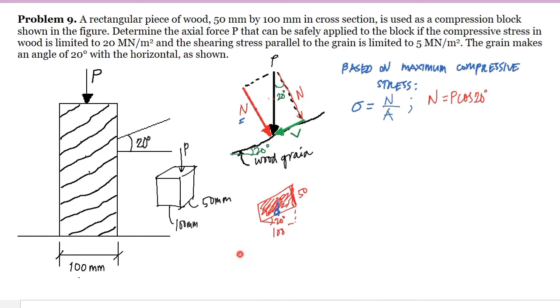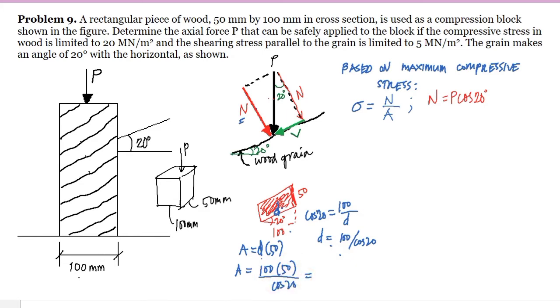Since the area is equal to diagonal multiplied by 50. So kung titingnan natin dito, we have the adjacent and the hypotenuse. So we have cosine of 20 is equal to adjacent side, which is 100 mm, over the hypotenuse D. So D is equal to 100 over cosine 20. So area is equal to D times 50, so we have here 100 times 50 over cosine 20.